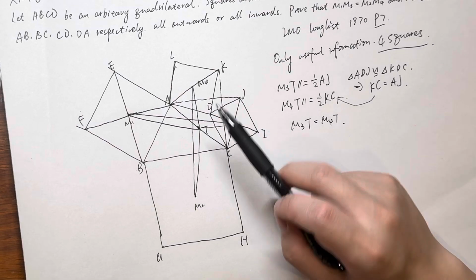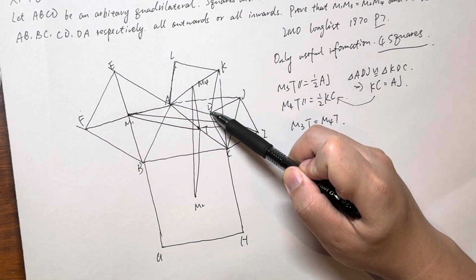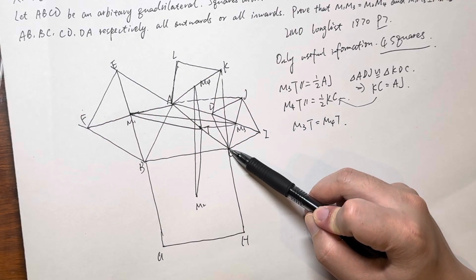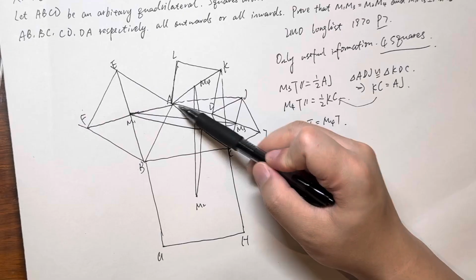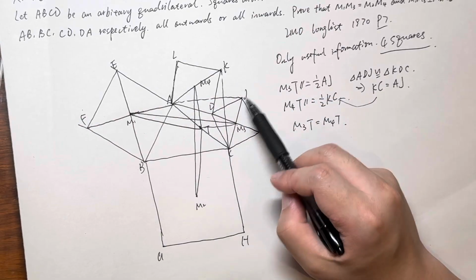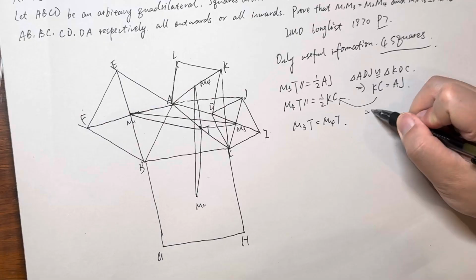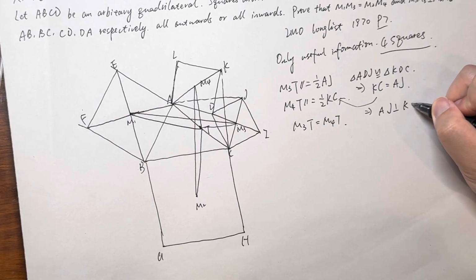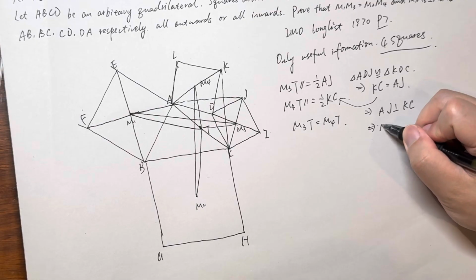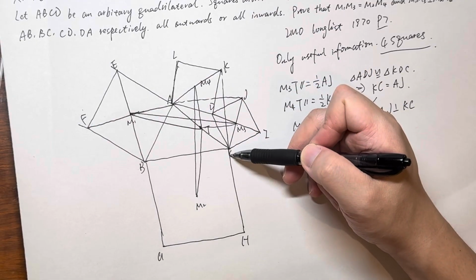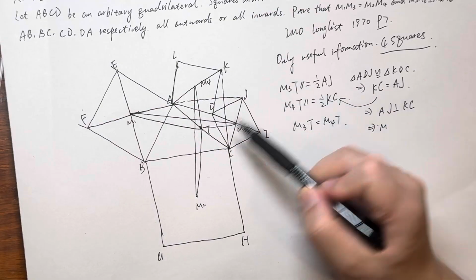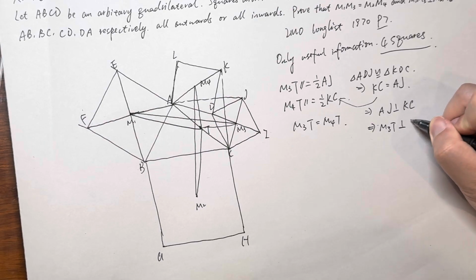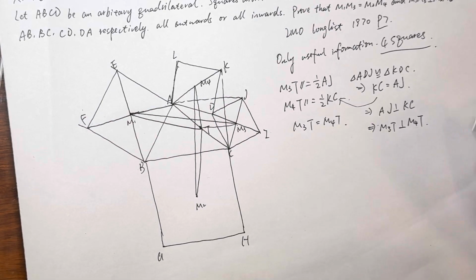Right? And also we know that KD is perpendicular to AD and DJ is perpendicular to DC. Also these two triangles are congruent. That means AJ is perpendicular to KC. So we know that AJ is perpendicular to KC, which means, because M4T is parallel to KC and M3T is parallel to AJ, that M3T is perpendicular to M4T.